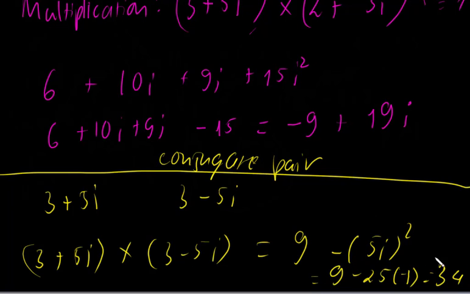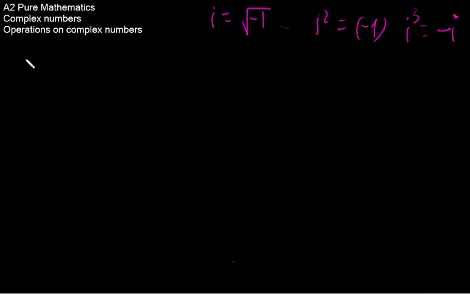And that has a lot of implication on the division. Now I'll show you why they're helpful in divisions. Let's say we want to divide 1 over 3 plus 5i. And the way we do division is we multiply.